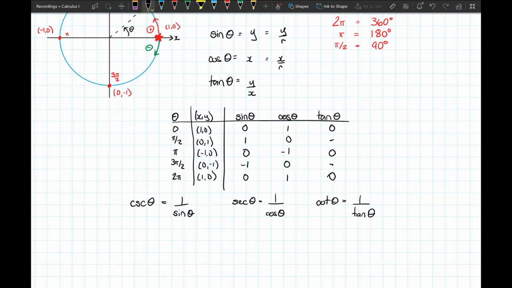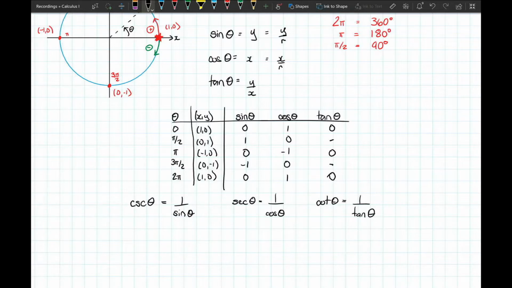Cosecant theta is defined as the reciprocal of sine theta, secant theta is the reciprocal of cosine theta, and cotangent theta is the reciprocal of tangent theta. So you can take the definitions of sine, cosine, and tangent, and then you can flip those fractions upside down to get the definitions of cosecant, secant, and cotangent.